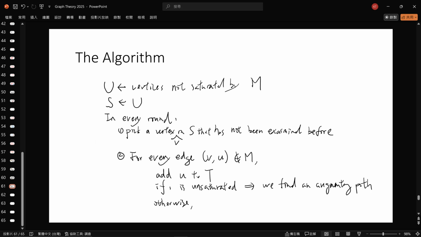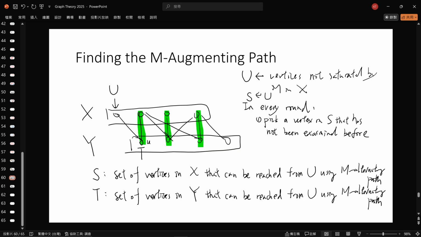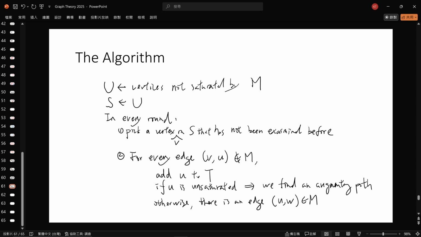And if U is saturated, then there must be an edge in the matching. Call this edge UW. So in this example, this will be W. And we just add this W to the set S.